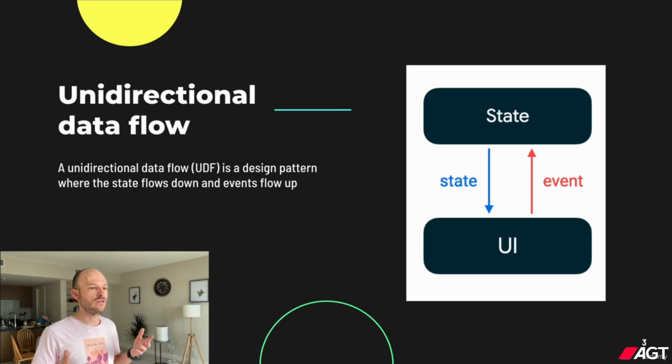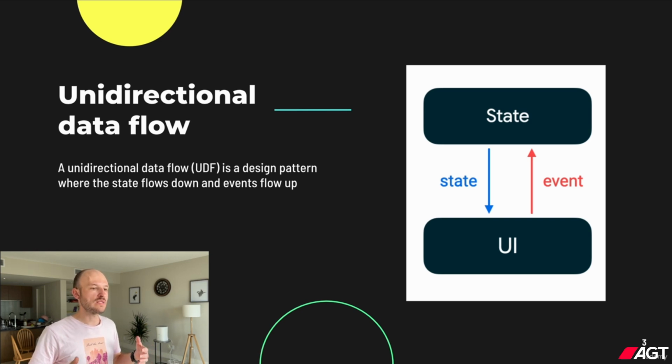Unidirectional data flow. In Compose, the UI is immutable. There is no way to update it after it has been drawn. What you can control is the state of your UI. Every time the state of the UI changes, Compose recreates the parts of the UI tree that have changed. Composables can access state and expose events. For example, a text field accepts a value and exposes a callback on value change that requests the callback handler to change the value.